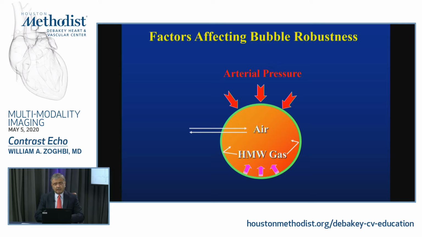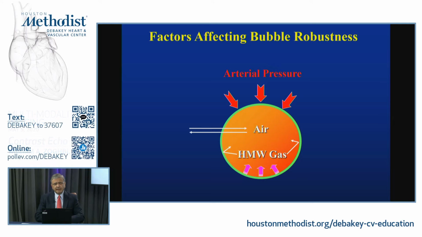So if we put this in context, what we're dealing with are microbubbles, and indeed all of them have a shell, and in it there is a gas, either air when you do agitated saline, or the high molecular weight gas, a field that has been in the works for almost 30 years now, my goodness.